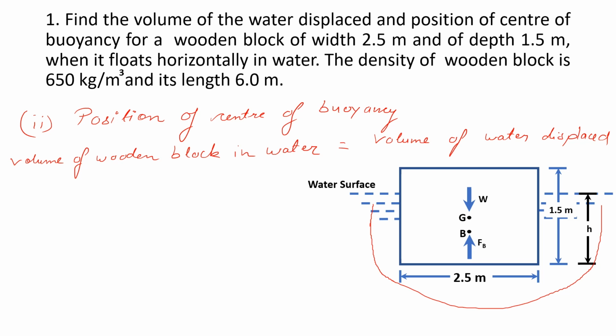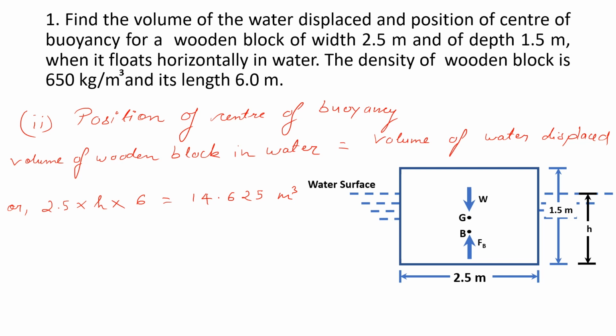This volume will be equal to the volume of the wooden block that is present inside water. Here we have to take the height h that is inside the water. We can't take the total height 1.5 because some part is outside water. So for finding the volume of the block that is present inside water, we have to take h that is inside the water.